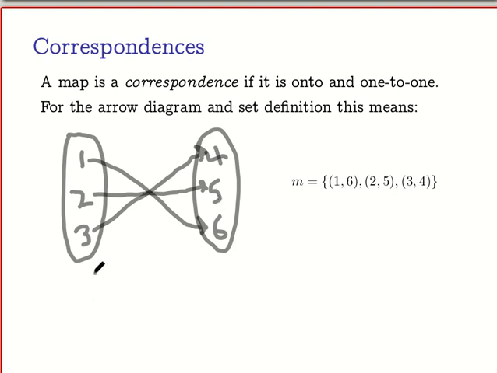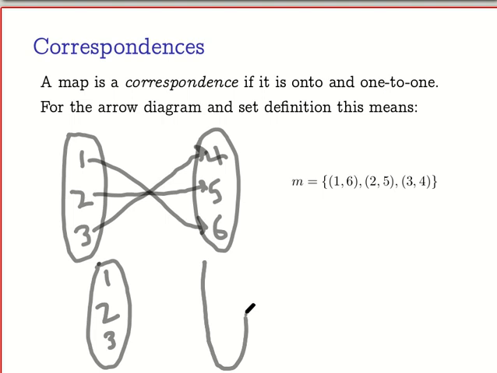Okay, now let's look at a map that's not a correspondence. It can fail to be a correspondence by one of two means, either by not being one-to-one or by not being onto. Now, the codomain here has 4 elements, and the domain only has 3.